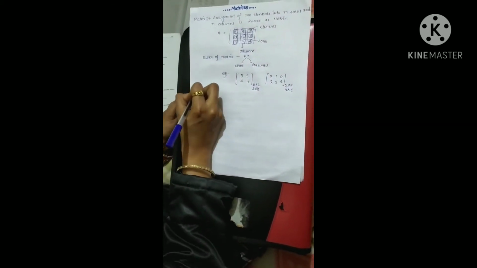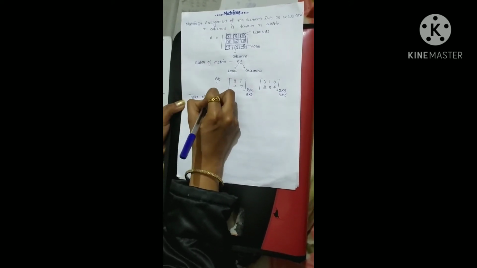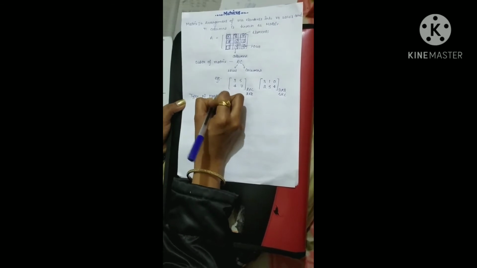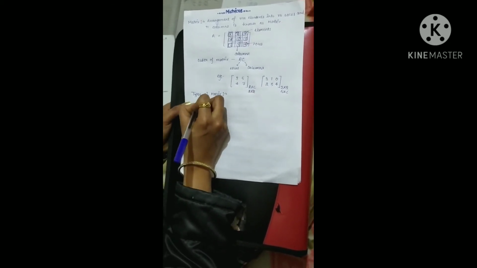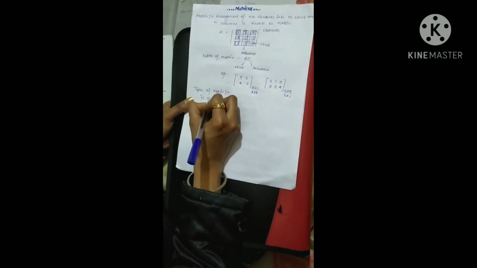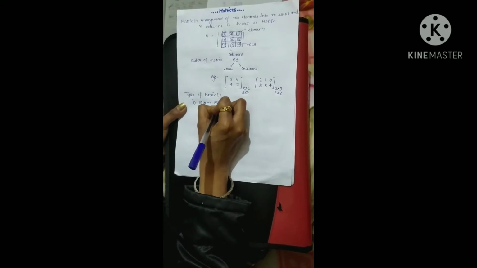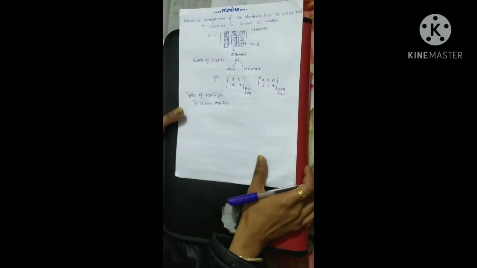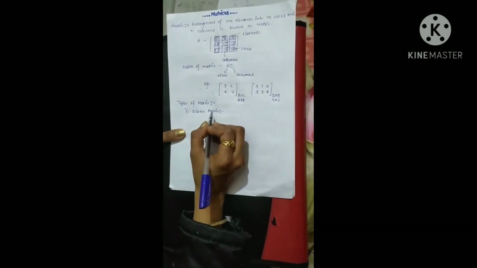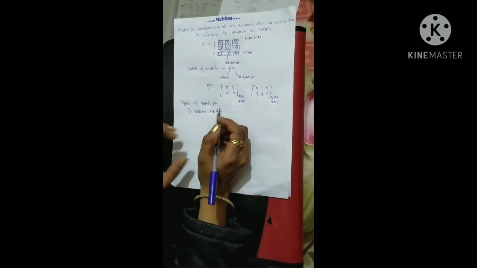Now, types of matrix. Number 1, the first type is column matrix. A column matrix may be defined as a matrix in which there is only one column.